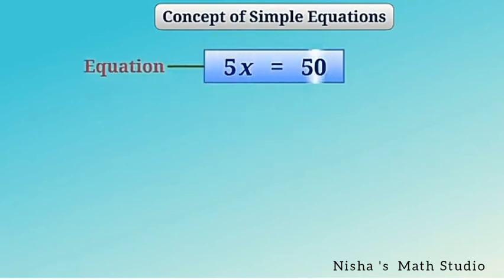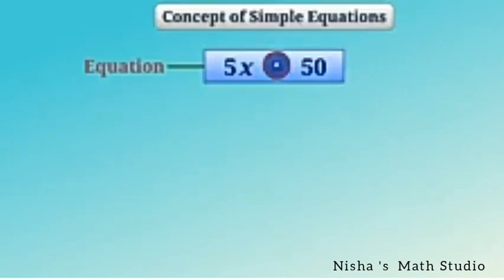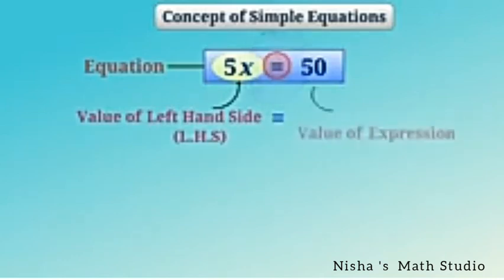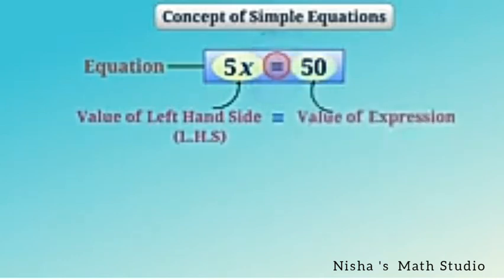In an equation, there is always an equality sign. So here 5x is equal to 50 is an equation which has a value of the expression on the left hand side should be equal to the value of the expression on the right hand side. They are called as LHS and RHS.